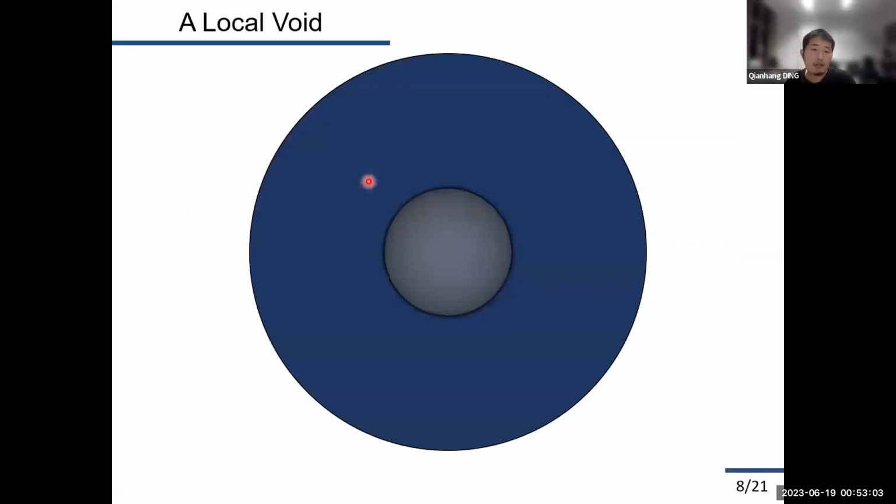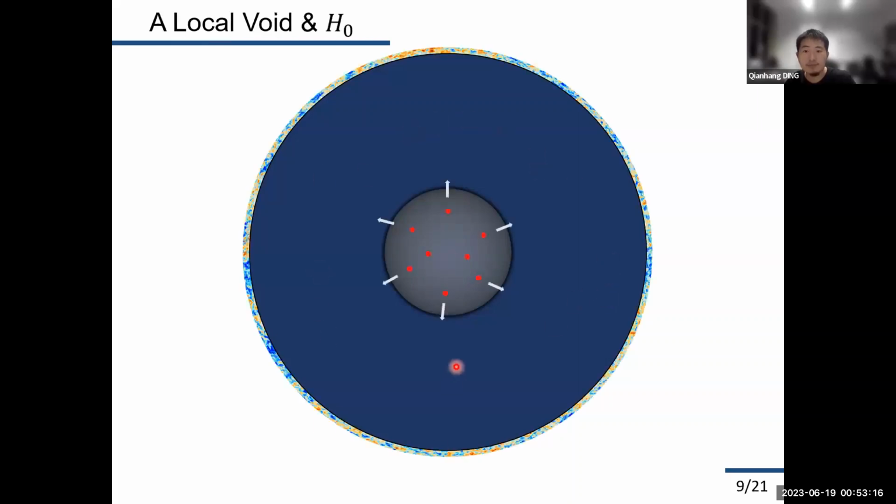So this local structure means a local void. A local void means that inside this range, the matter density is smaller than the matter density outside. Such a local void will cause some observational effects. For example, if the nearby type 1a supernovae also live inside this local void, they will be attracted to the outside range, a high matter density range.